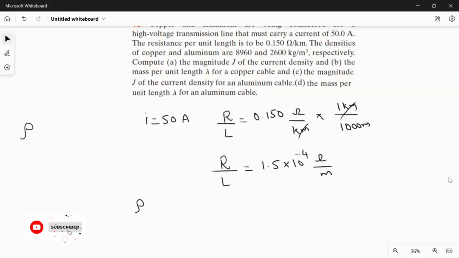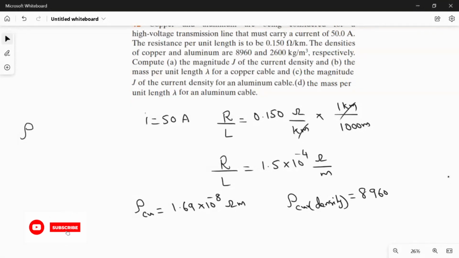So the resistivity of the copper takes the value of 1.69 multiply 10 power minus 8 ohm meter. Likewise, the density of the copper is equal to 8,960 kilogram per cubic meter.